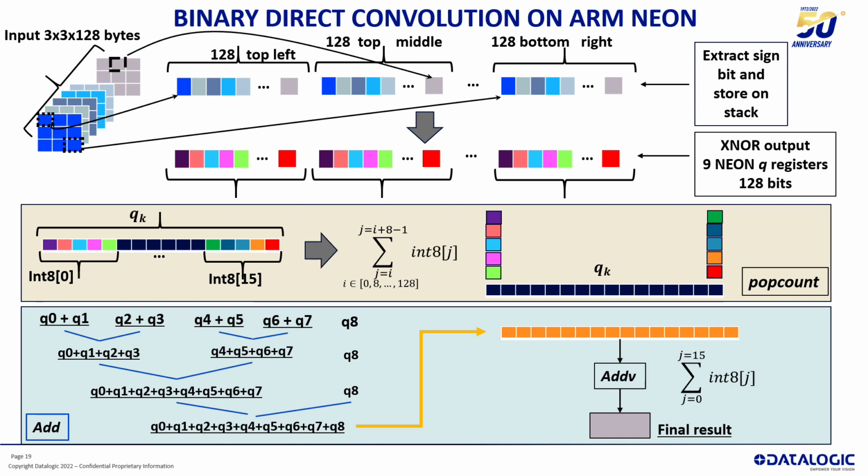So here we have an input volume that is convolved and produces just one single output. This is the case for one output channel.